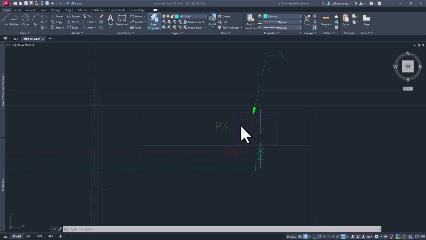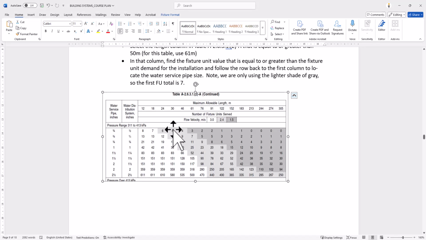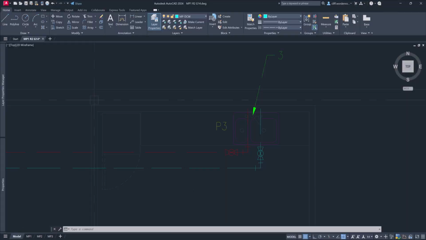Now this pipe size, what we always want to check is two things. One is you want to check this table. So with 3 fixture units, I'm less than 6, right, which is good. That means that the pipe size is a 1/2 inch. Now I always want to check and make sure that my pipe size is a 1/2 inch, really.